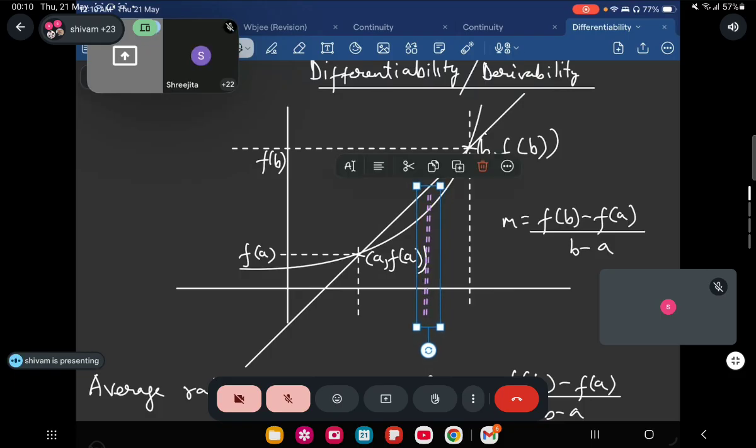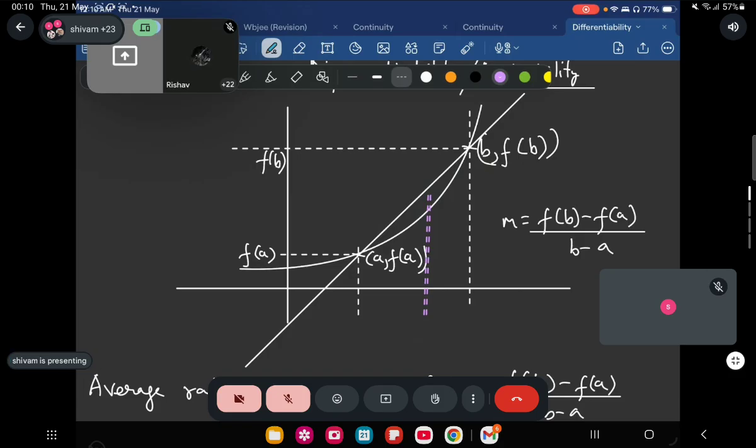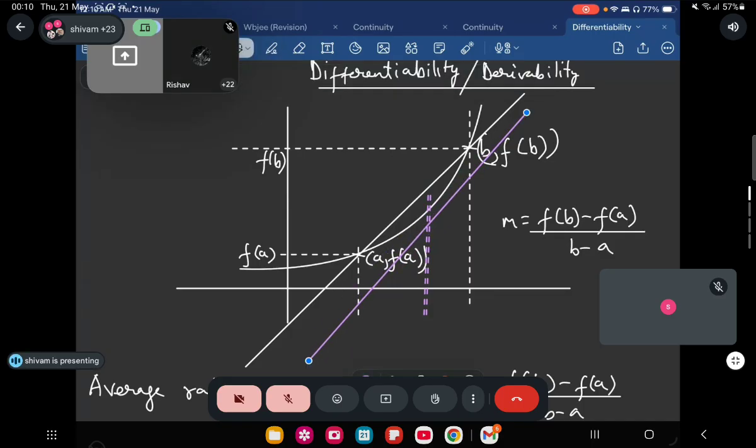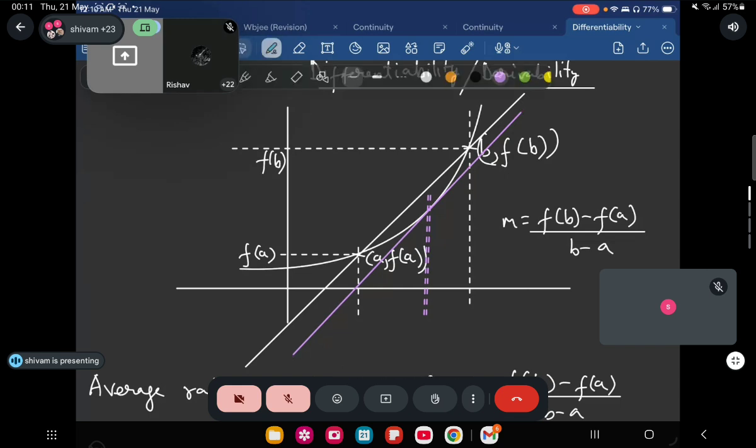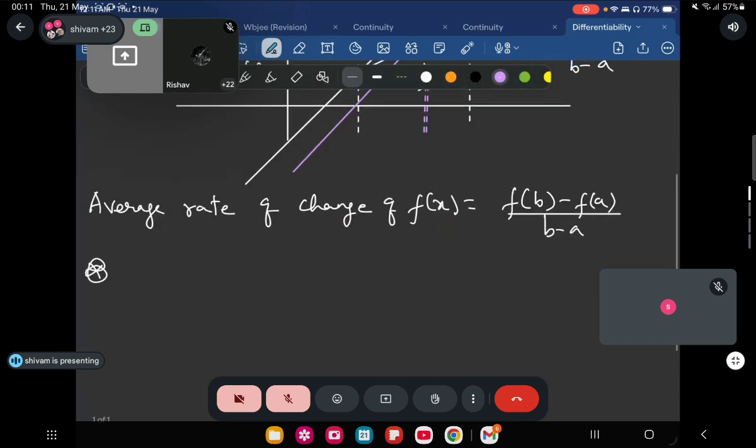And over here, we are finding the slope of the tangent to the curve. I had done this before also in basic maths, if you remember. Those who are online, if you have any doubt, you can ask me now.